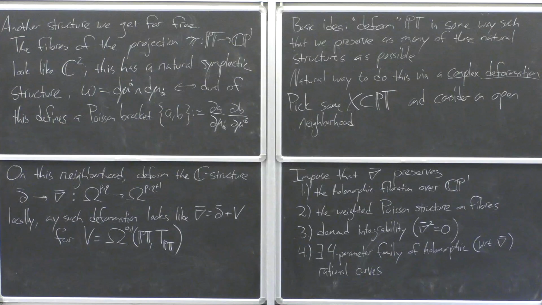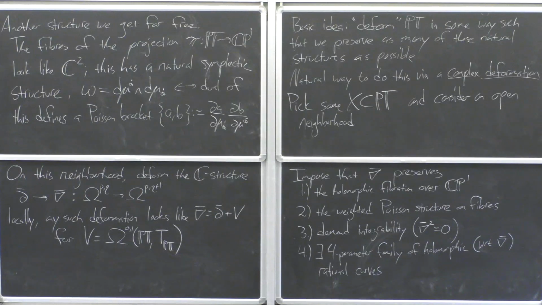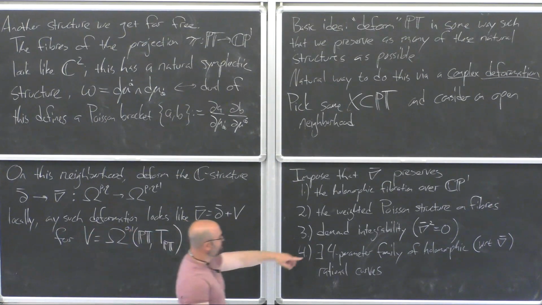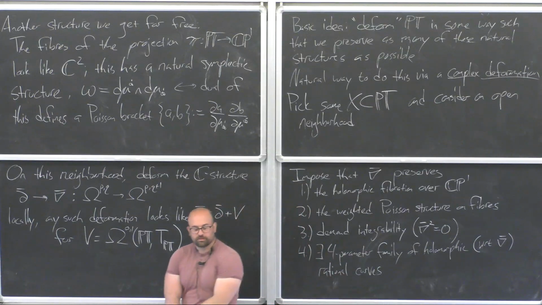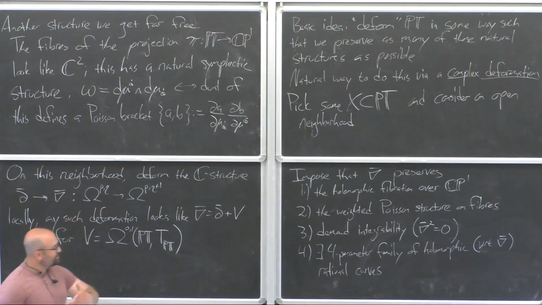And if the complex structure is not integrable, you can't define cohomology with respect to it. So to have any chance of having tools like the Penrose transform that work for a deformed complex structure, it needs to be an integrable complex structure, not an almost complex structure. Right? If this thing doesn't square to 0, you can't define cohomology with respect to it. Okay, so that's one a priori reason.